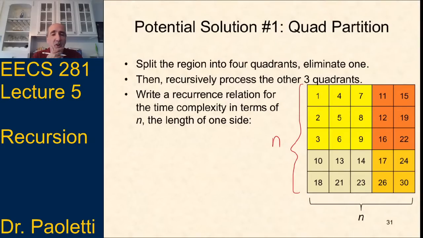So we've only got one variable to describe how big one side is. Our idea here is we're going to split the region into 4 quadrants, and we're going to eliminate one of them. Let's say, for example, I was searching for the value 13.